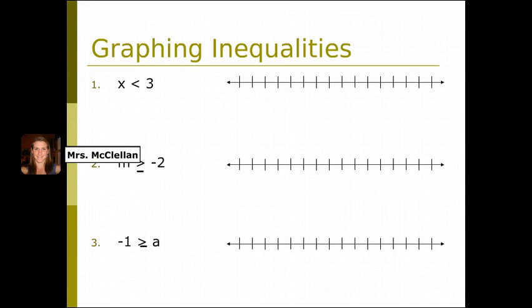Our first example says x is less than 3. I've given you a couple of blank number lines that we need to label. The first thing you always want to do is put 0 in the middle of your number line. You want to put a -3 and a +3 in their respective places on the number line.